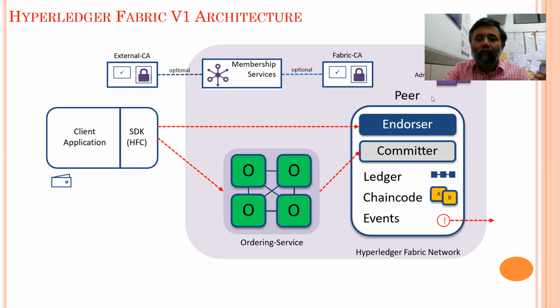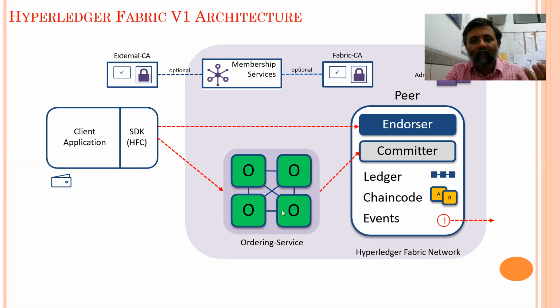If you talk about a peer, certain organizations can participate here, and we have shown it in a very simplified fashion. More than one peer of a particular organization can participate for ensuring the consensus, and that organization can participate in the ordering service as well.